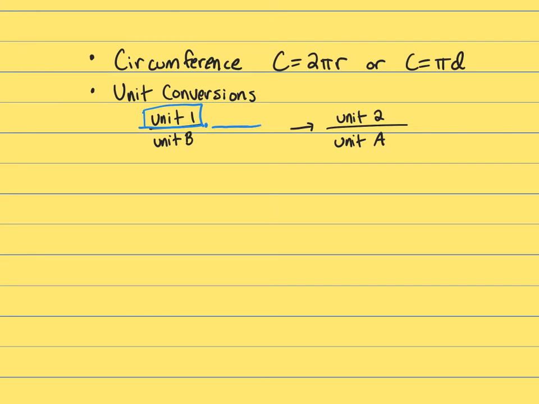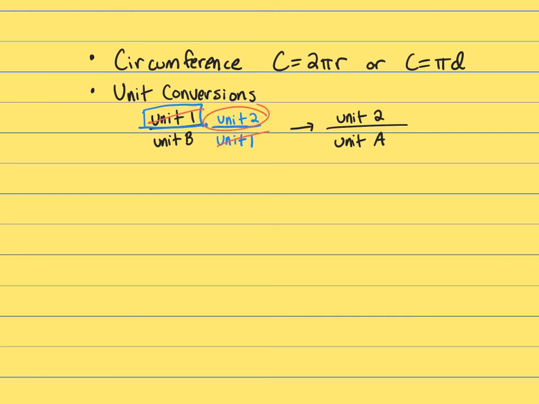So let's say you knew how many unit 1s there were per unit 2. For example, this could be 12 inches per 1 foot. That will get your units to cancel so that you end up with the units you want.